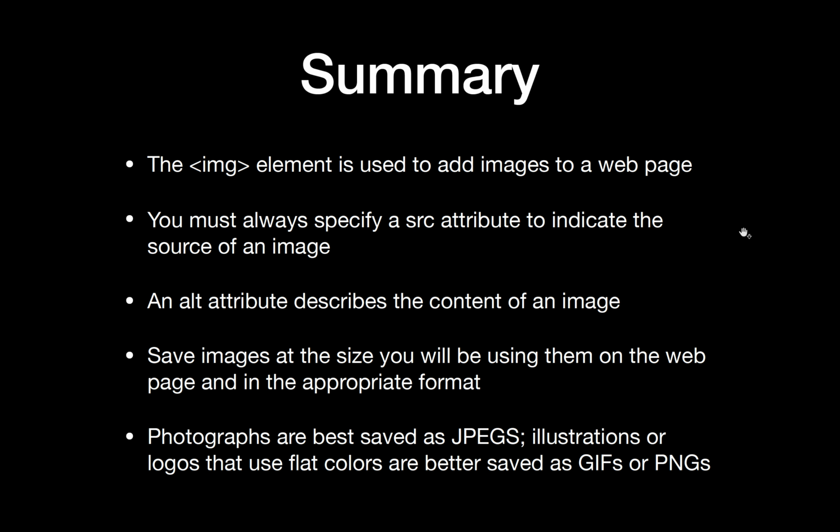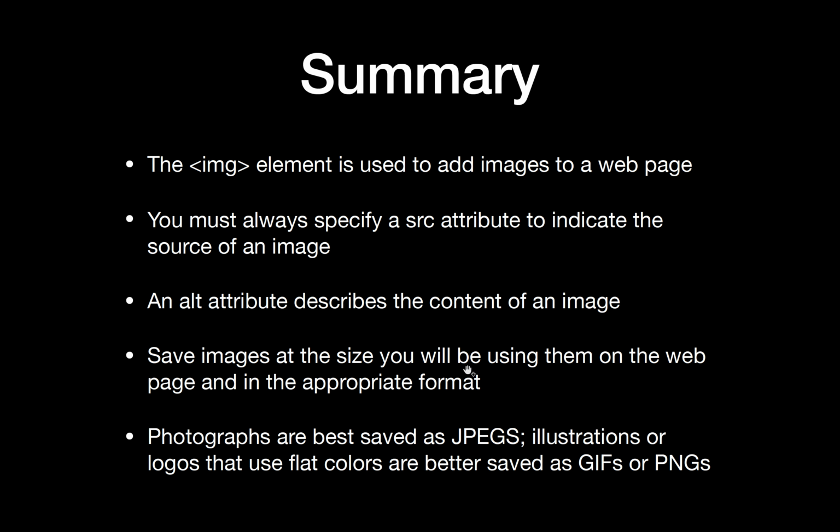All right, so, summary: the image element is used to add images to a web page. We'll get more hands-on experience in your in-class demos and other things you'll be doing outside of class as well. You must always specify a source attribute to indicate the source of an image, and an alternate attribute describes the content of an image, important for screen readers. Save images at the size you'll be using them on the web page and in the appropriate formats, please.